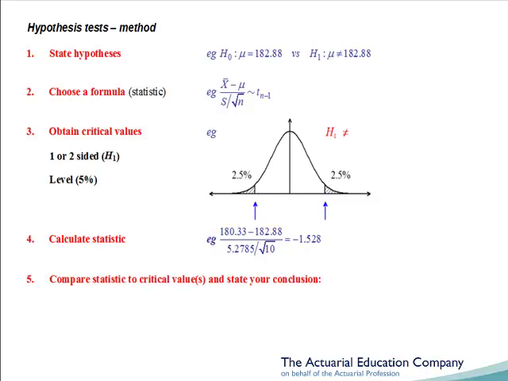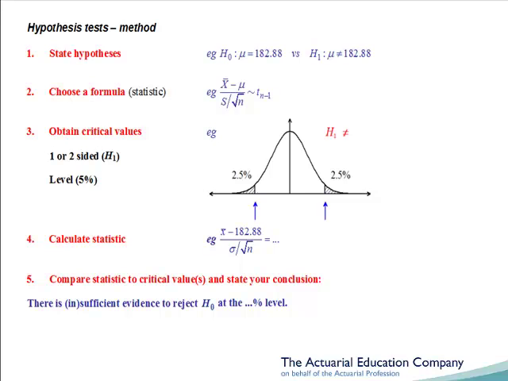Our final step is we compare this statistic to our critical values. So in our particular example, we saw that the value of our statistic wasn't extreme enough for us to reject the null hypothesis. In general, we will say either there is insufficient or sufficient evidence to reject the null hypothesis at the blah blah blah % level. Usually this is the 5% level, as that's the industry standard.